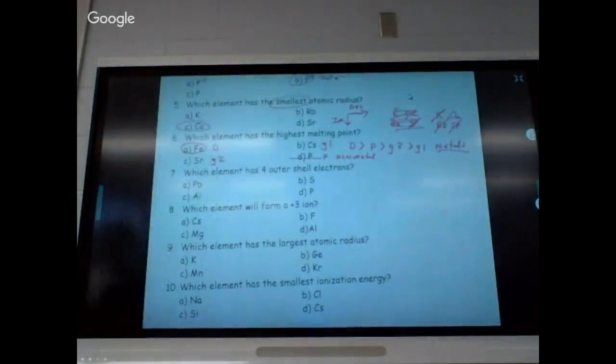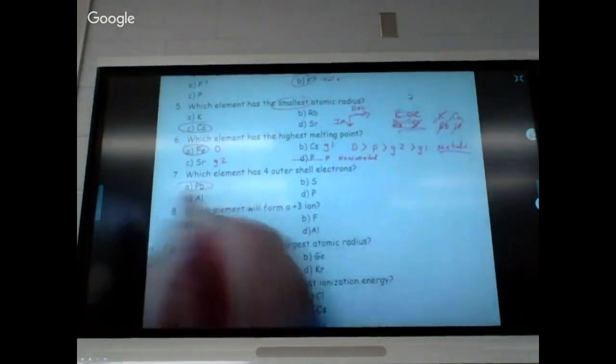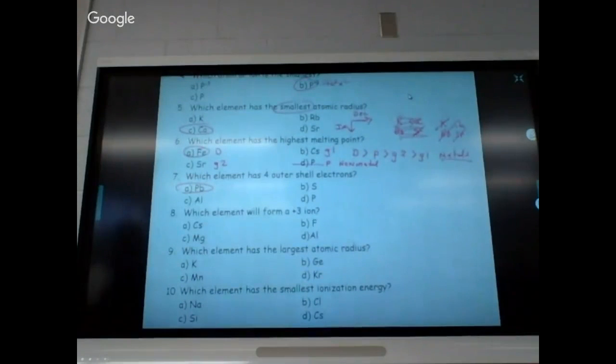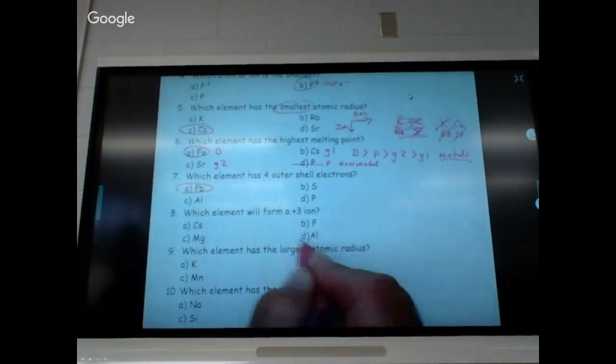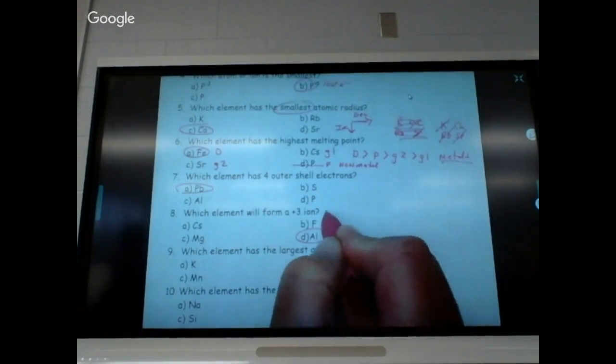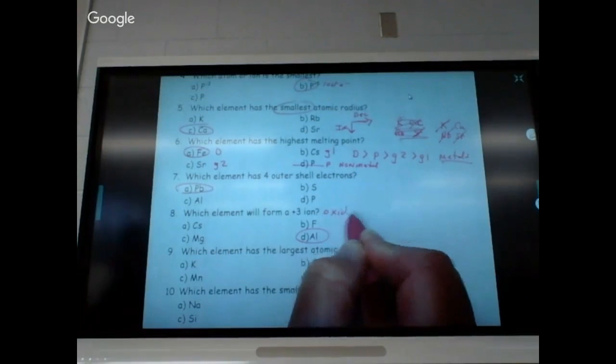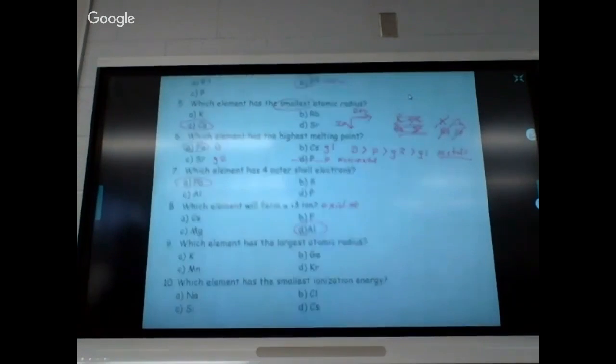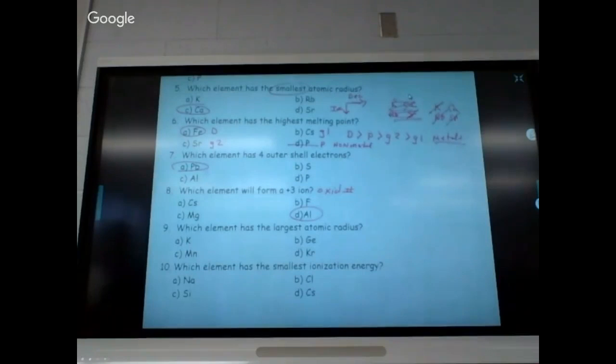Yeah. Okay. Which element will have 4 outer shell electrons? That should be an easy one for us. Because it's in group 14. Okay. Who will have a +3 ion? All right. For those of you who might not have remembered that the other day, that just means oxidation number, right? All right. Which element has the largest atomic radius?